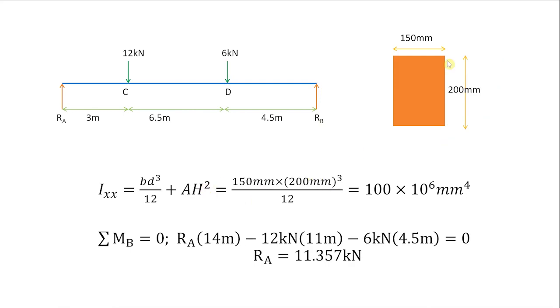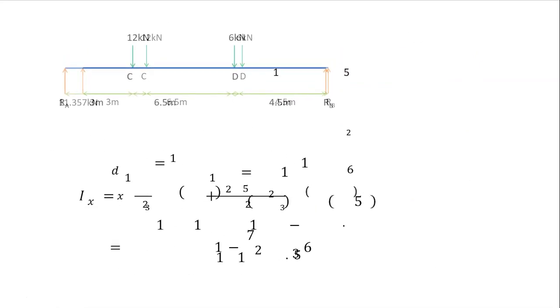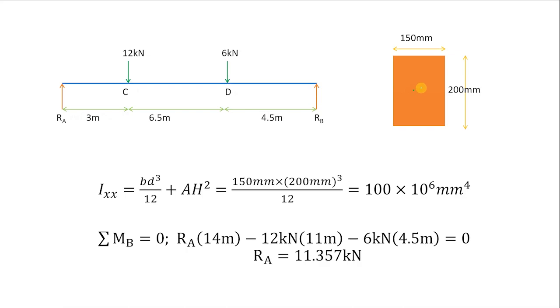And we know that since this is a simple rectangular beam, tak adalah AH square ni, since H dia adalah kosong. The centroid is actually at the center of the beam. Therefore, there is no distance between the section yang you tengah kira, area tu tengah kira, ke section semua beam tu tak ada. Tetap kat sama point dia. Jadi, AH ni tak perlu kira. Bila you calculate, you dapat 100 times 10 power of 6 mm power of 4.